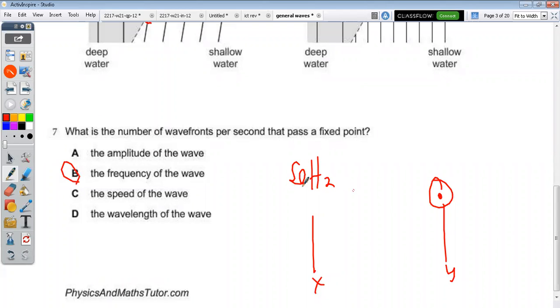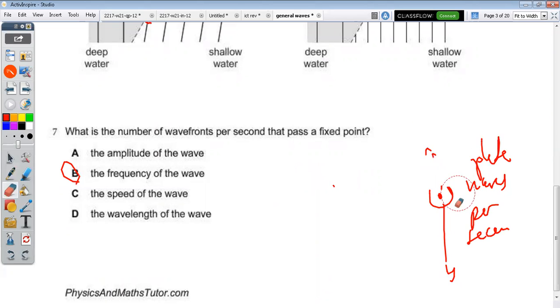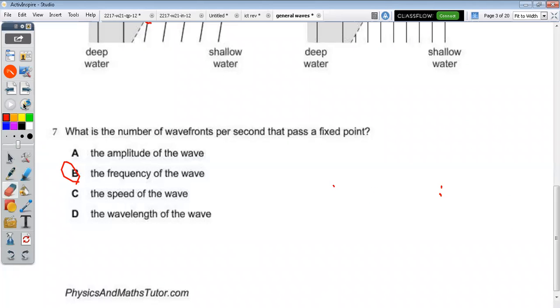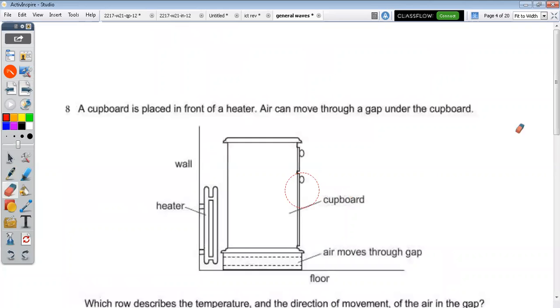If I'm saying 50, I'm saying 50 complete waves per second. I'm observing 50 of them per second. That's what it means, frequency. Number of complete waves per second. So complete oscillations per second is frequency.